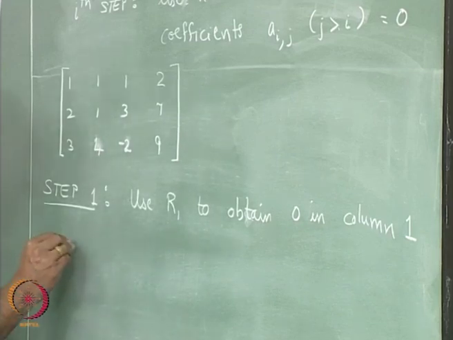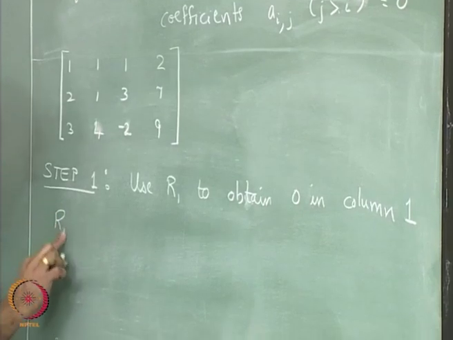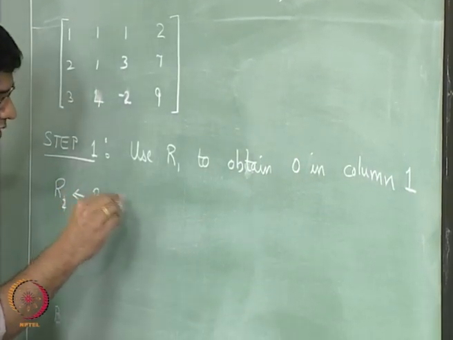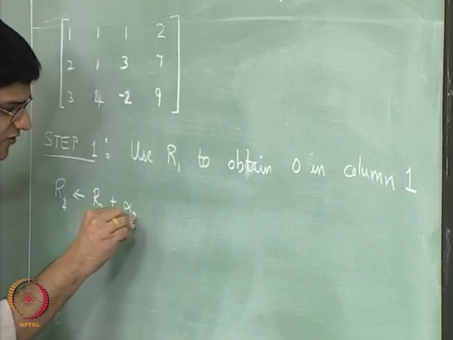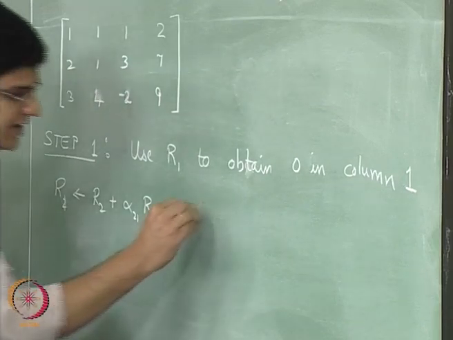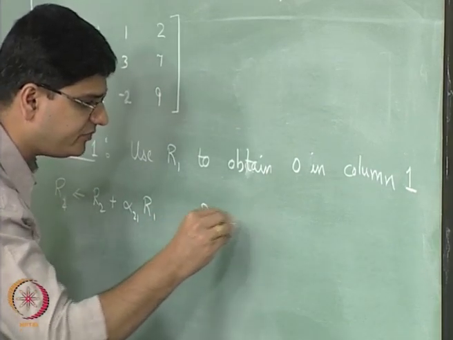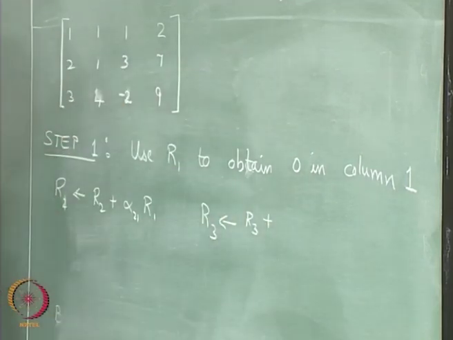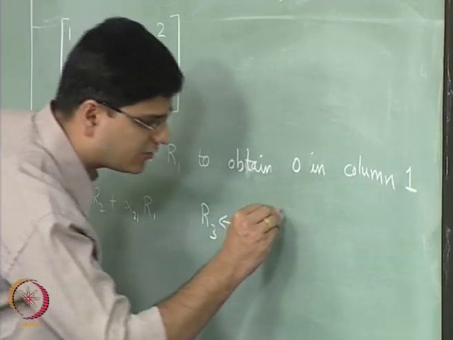Okay. So R2 is going to be our original R2 plus some coefficient alpha 21 multiplied by R1, and likewise we will have R3 as R3 plus some coefficient multiplied by R1.